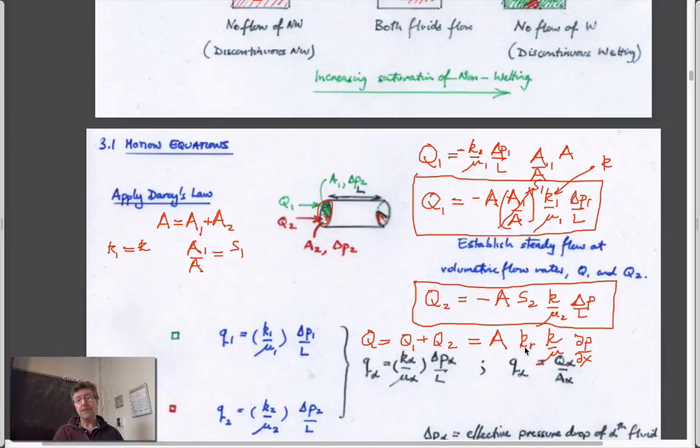And so what we'd like to be able to do is we realize that we can write, if you like, the product of this saturation times the permeability is really what we'll call a relative saturation and a permeability. And it will become apparent what I mean by that in a second.